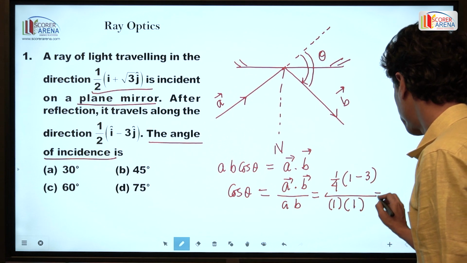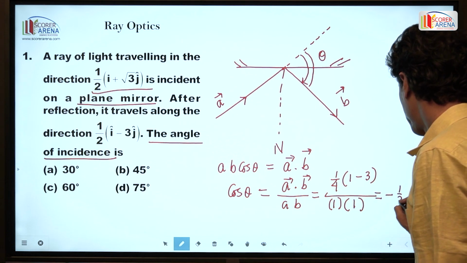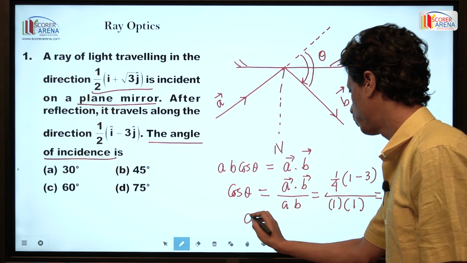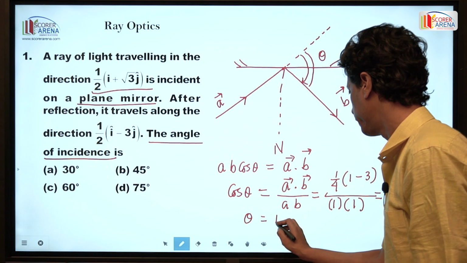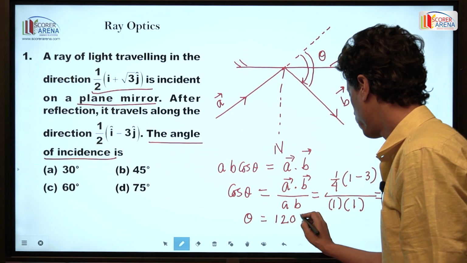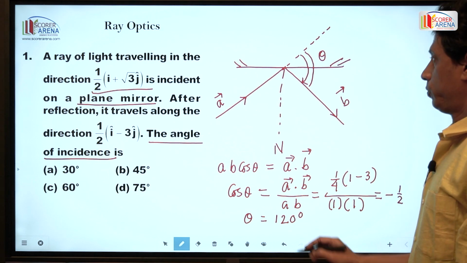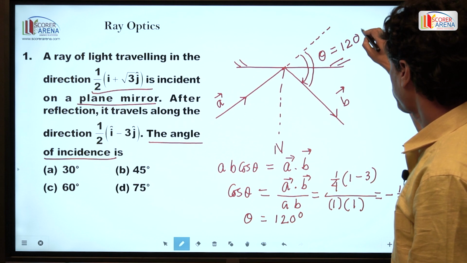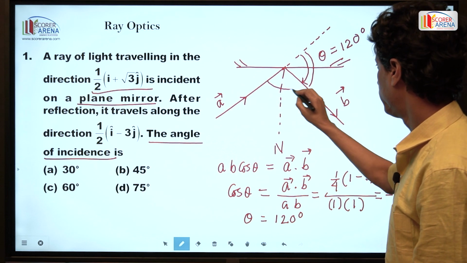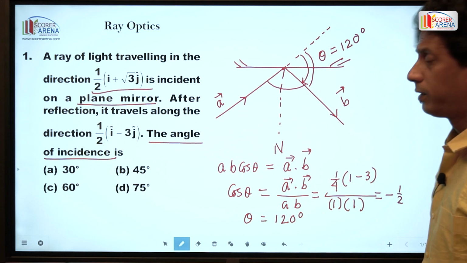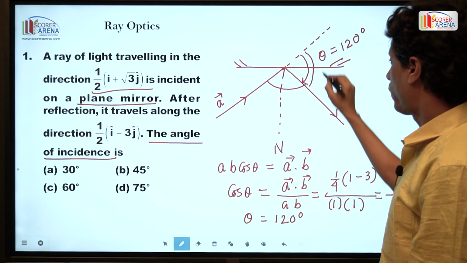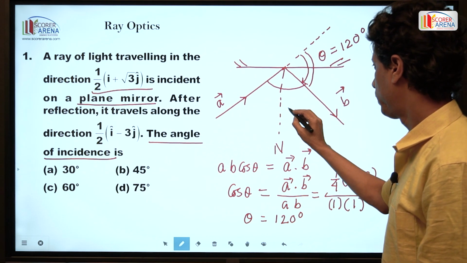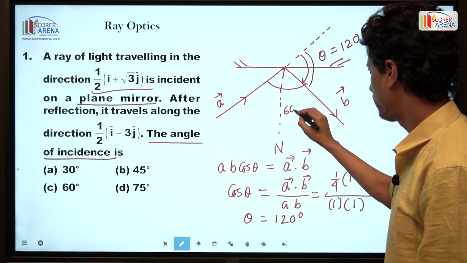So therefore this is minus half, and theta is equal to 120 degree. So the angle between reflected ray and incident ray is 120 degree, and this angle by geometry is 60 degree.